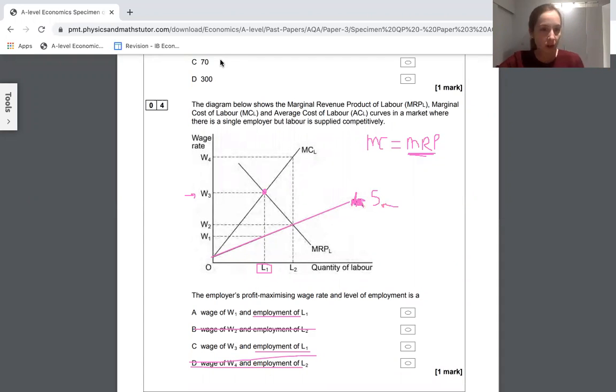If you remember from year 1 micro, a supply curve already shows the minimum you are willing and able to accept. So for these L1 workers, the company thinks, what's the minimum that I can pay them? They go up to the supply curve, which already shows the minimum, and hire them at W1. So A is the answer.